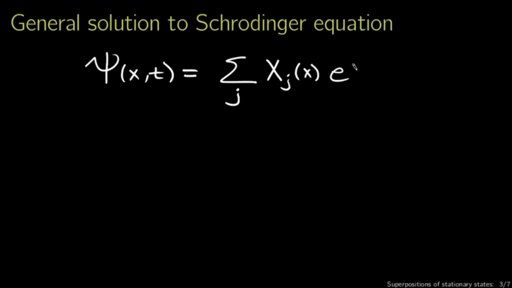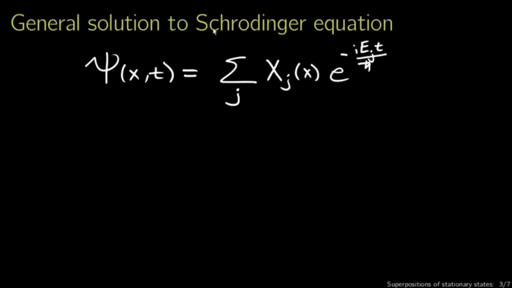And we know the time part from when we discussed separation of variables: e to the minus i e sub j t over h bar. So this is a general expression that says we're summing up a whole bunch of stationary state solutions to the time-independent Schrödinger equation, and we're getting psi.